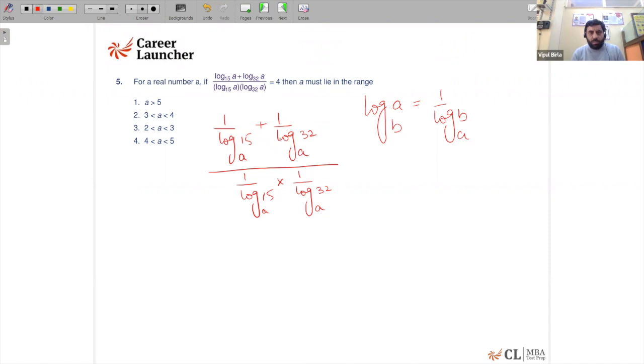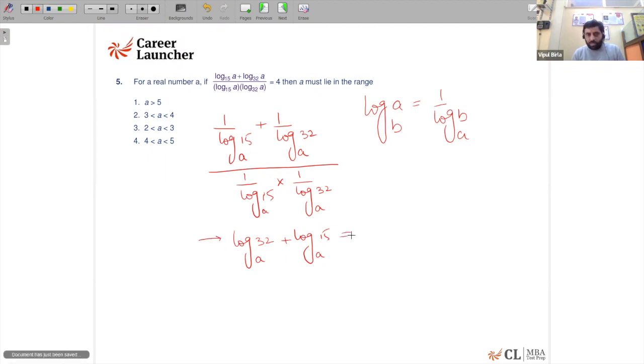So what I end up getting is log of 32 to the base a plus log of 15 to the base a upon the product of this, and the product will get cancelled. So we are in turn getting only this term upon 1 as the value.